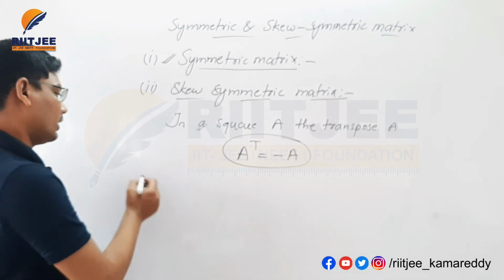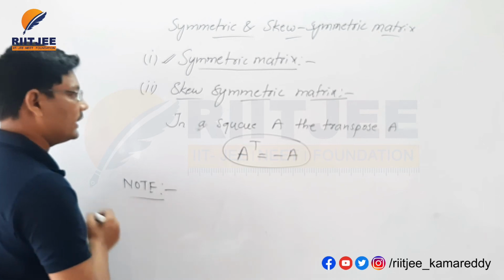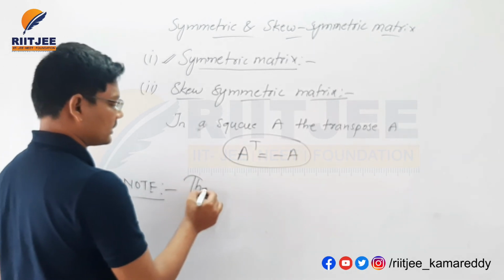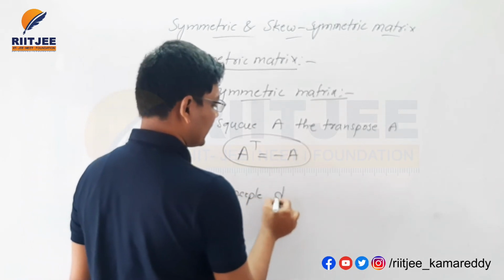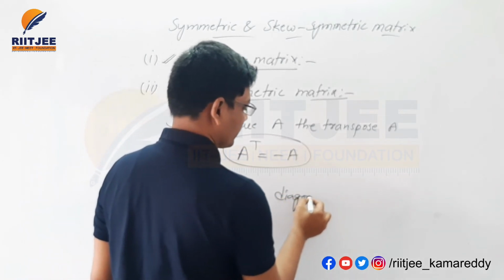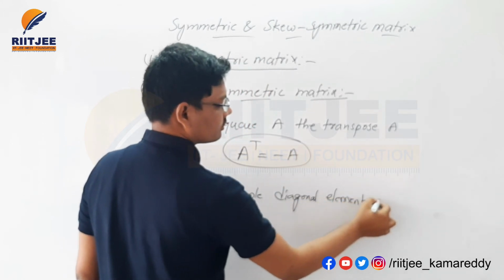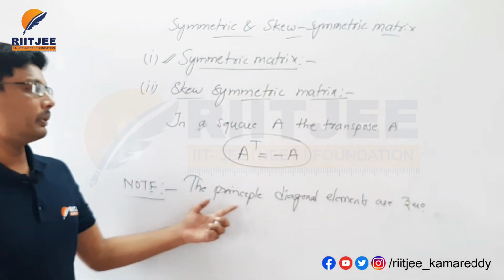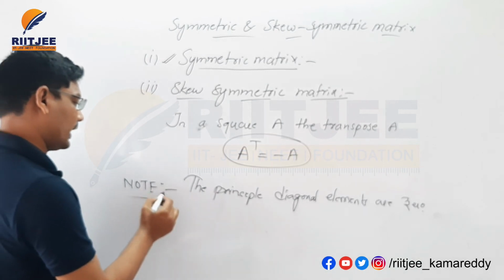Here note 2 points. In a skew symmetric matrix, the principal diagonal elements are 0. Next, the trace of the matrix is also 0. The principal diagonal elements are A11, A22, A33, and the trace of the matrix is also 0 when it comes to a skew symmetric matrix.